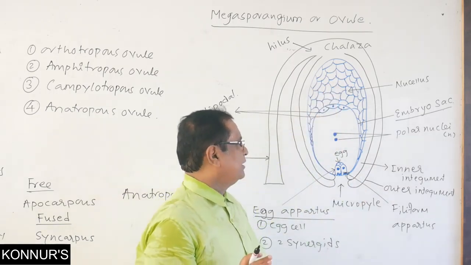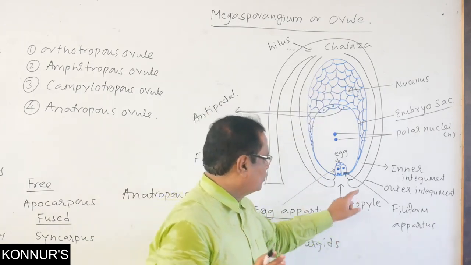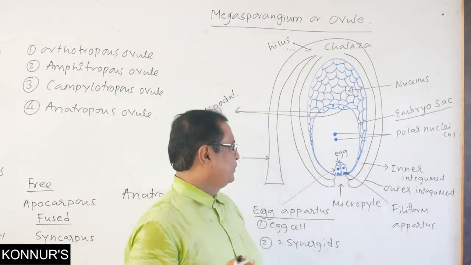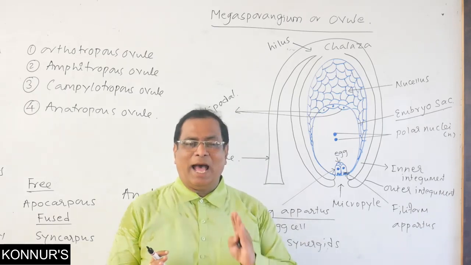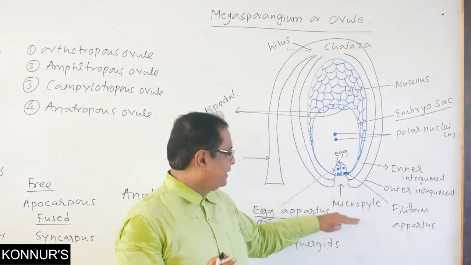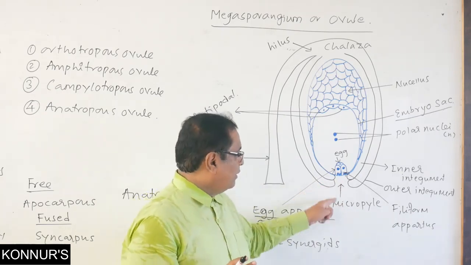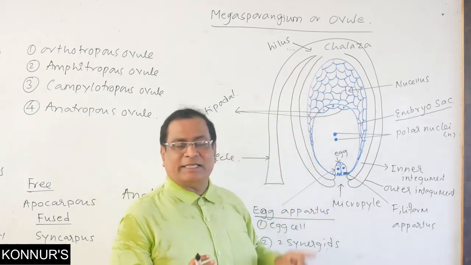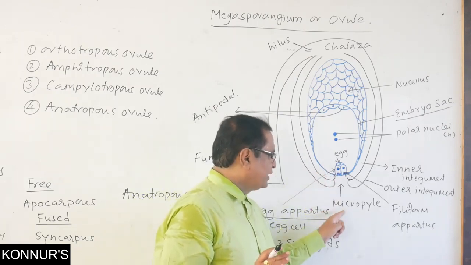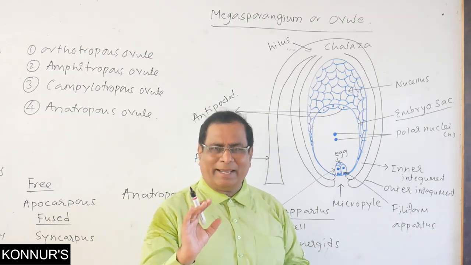This nucellus is covered by 2 coverings named integuments. Those are outer integument and inner integument. But these 2 integuments are interrupted towards free end, that is said to be micropyle, and opposite to this micropylar end is said to be chalaza.